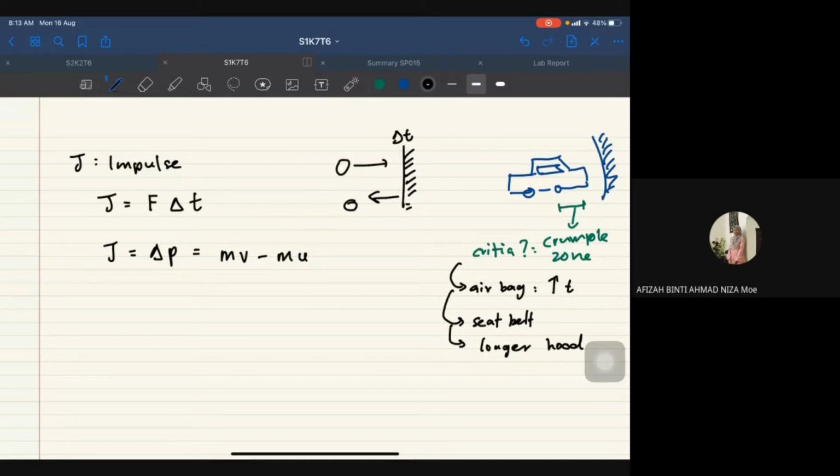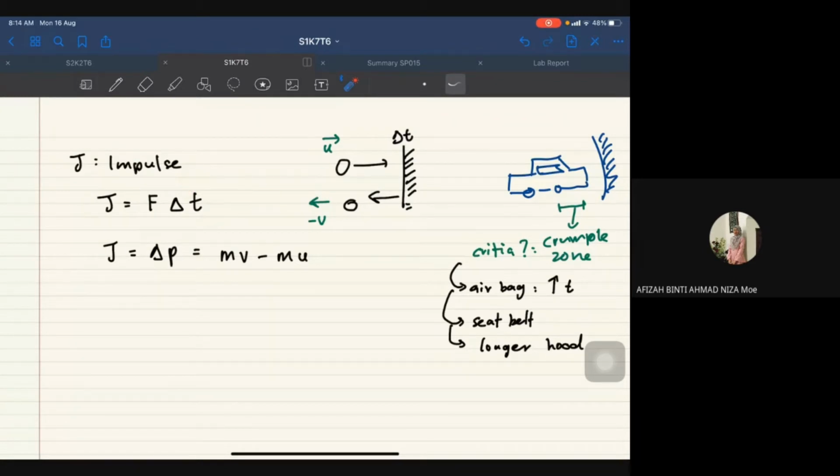So in our drawing here, this would be your initial velocity, which is in this direction to the right. Your final velocity would be in this direction, so you will get a negative V to the left. Remember that. As long as you have a constant value here, your J will have a constant value. But if you want to have lower force, this one is the impact force, the force that can be felt on the person or on the ball here. You can either increase or decrease.